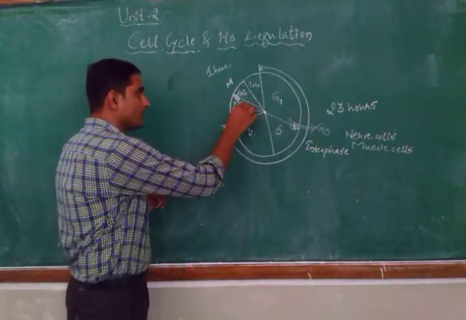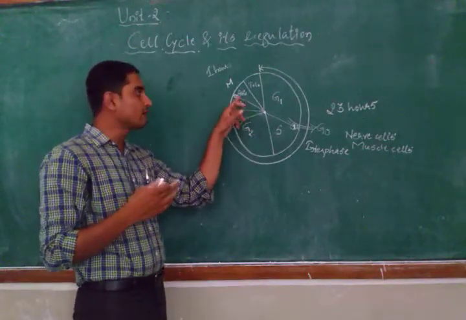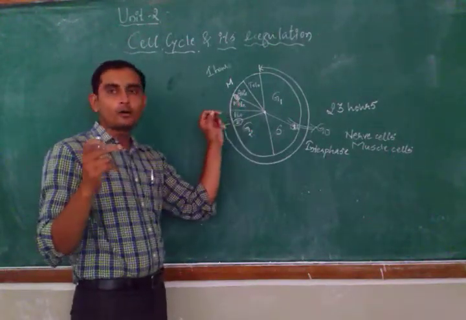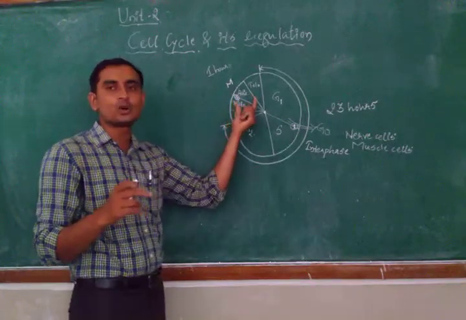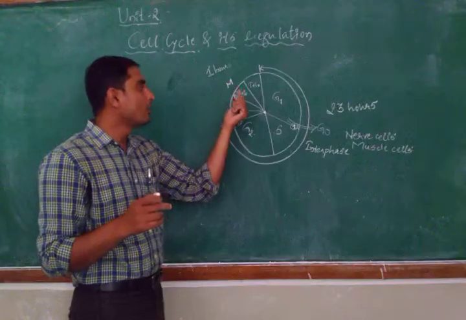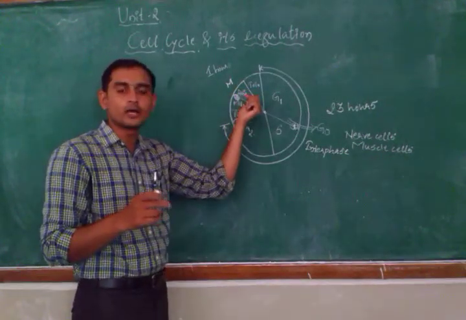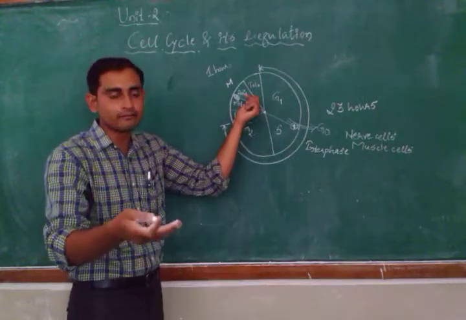In this phase, the checkpoint will check whether all the spindle fibers have attached to all the chromatids, chromosomes or not. If they are attached, the cell is permitted to enter into the anaphase.